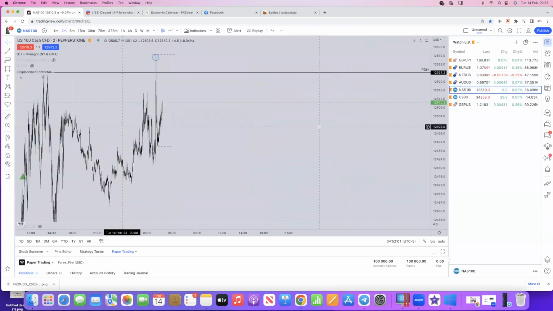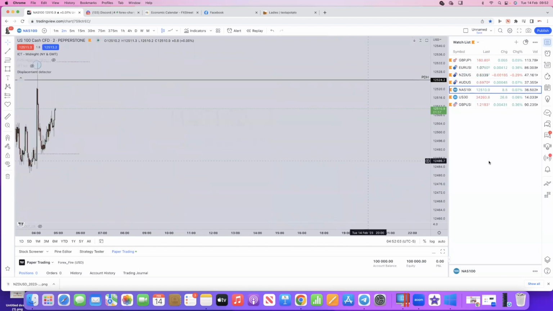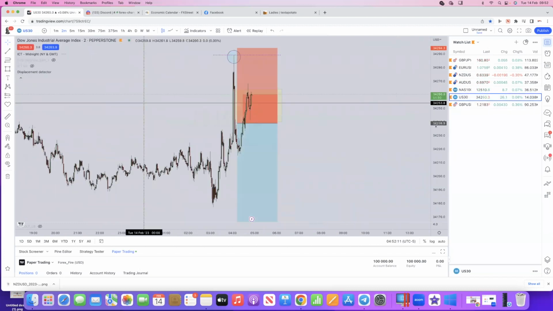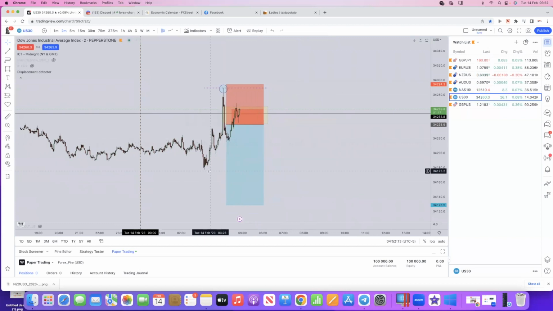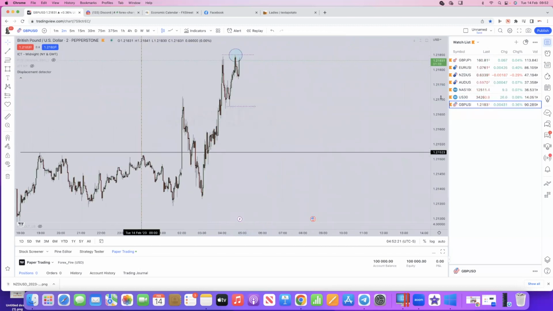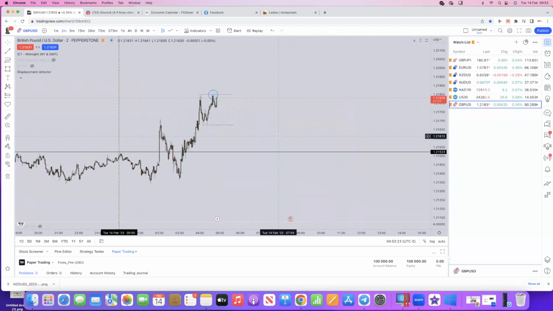That NAS 100, again, stuck between the range of this higher high and higher low. We're waiting for a break to the downside with a bit of luck. The US 30 looks as if it may do a continuation trend up, which would mean that high will get taken out. The GBP USD, again, continuation trend.